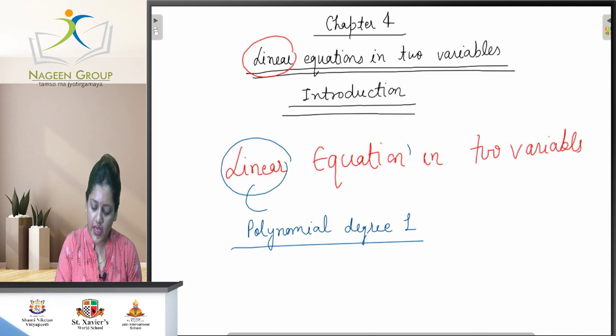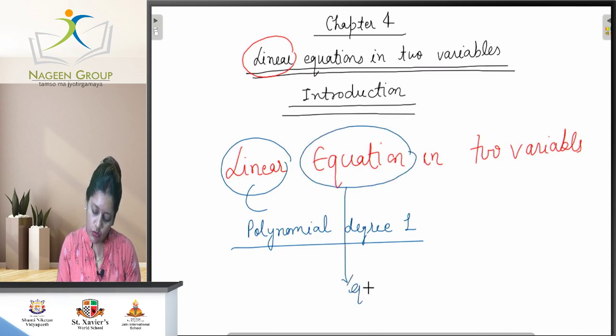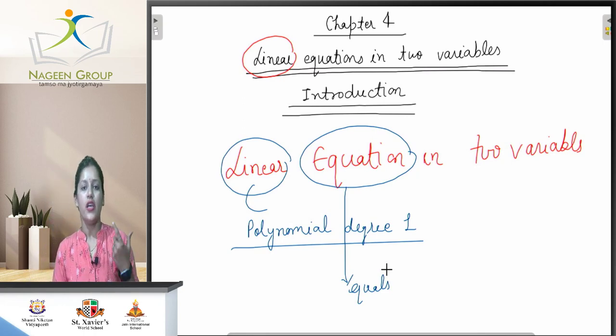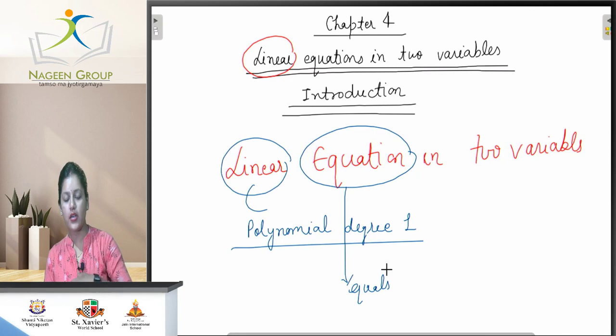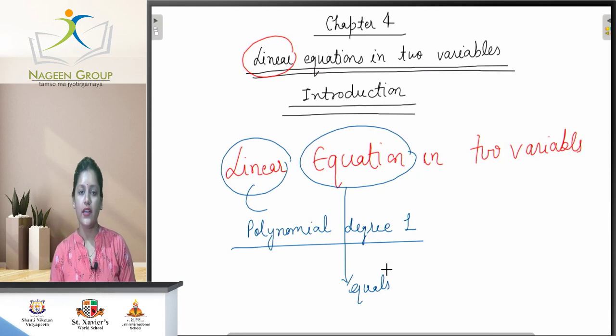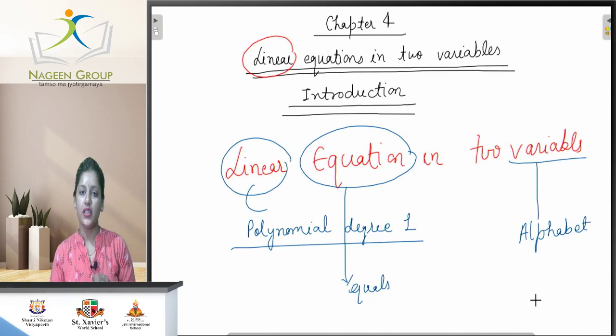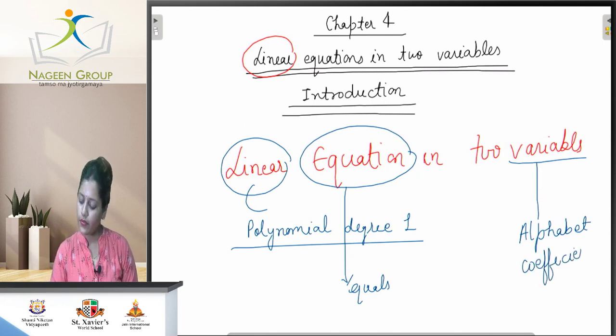After that, what is an equation? Equation is made from the word equals to. When a polynomial is equal to 0, then it is known as an equation. After that, variables means alphabets whose coefficient is a constant that decides their value.